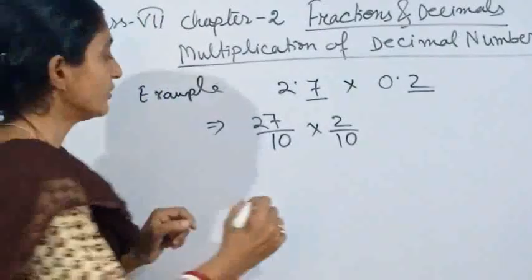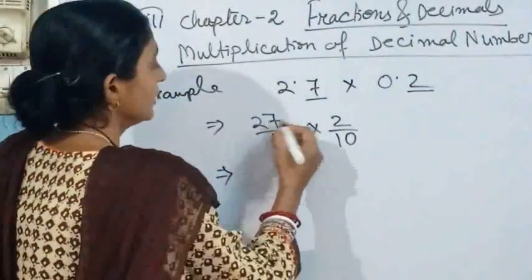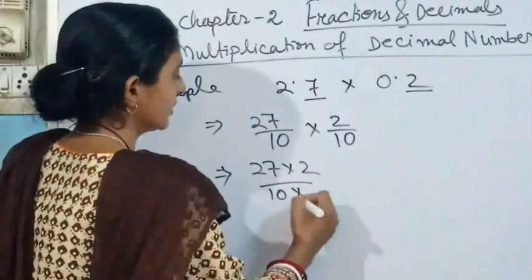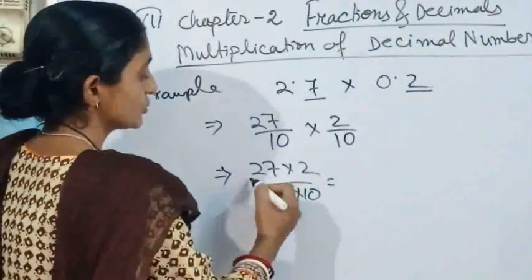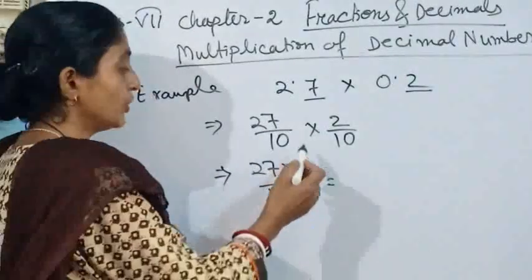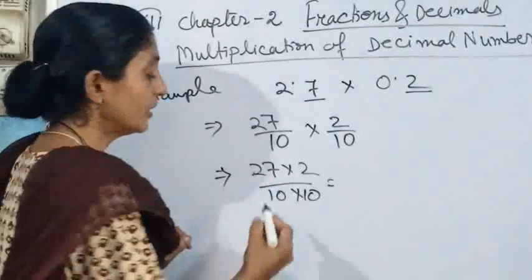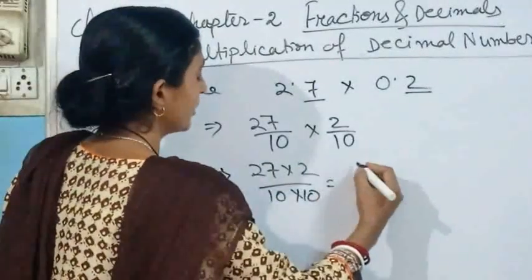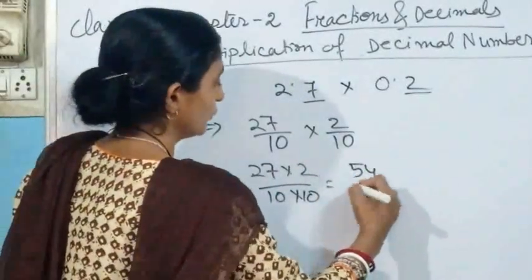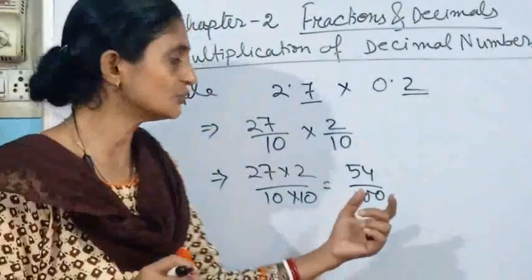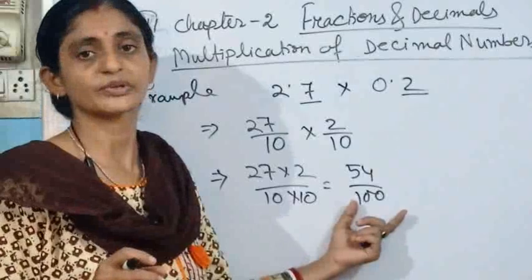Now, as we were doing in common fractions, these two numerators will be multiplied and the two denominators will be multiplied. When I multiply the numerators, I get 54 by 100. Now this is the most important thing when you want to become expert in this part.